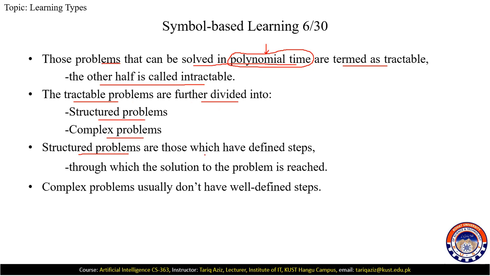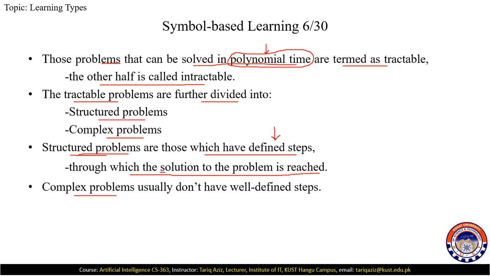Structured problems are those which have defined steps through which the solution to the problem is reached. So in structured problems, as the name suggests, there will be some structure, and you have to follow this structure to solve the problem, to reach the conclusion.